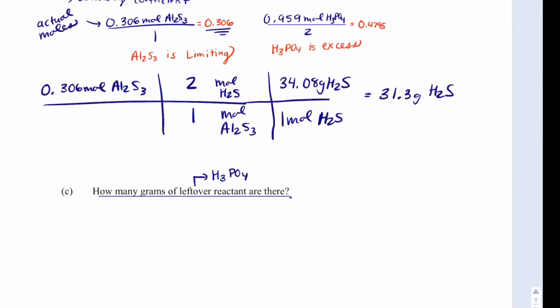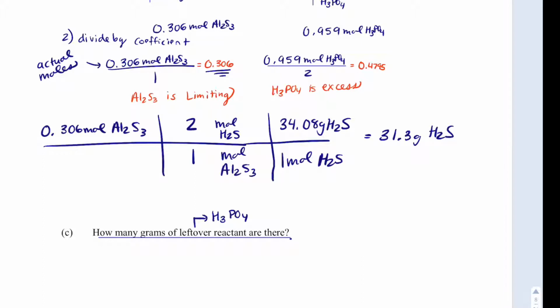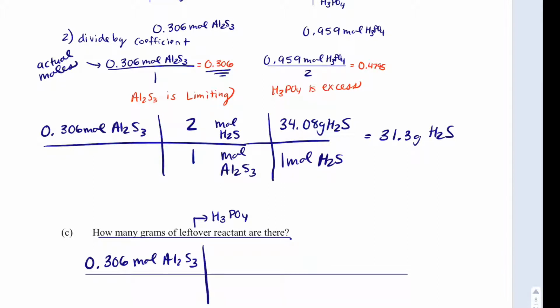This is going to be a conversion, and we're going to start all of our conversions with our limiting reactant. So 0.306 grams, or excuse me, this is moles of Al2S3. I'm just going to convert that to H3PO4. So since I'm starting with moles, I'm already at the mole bridge.